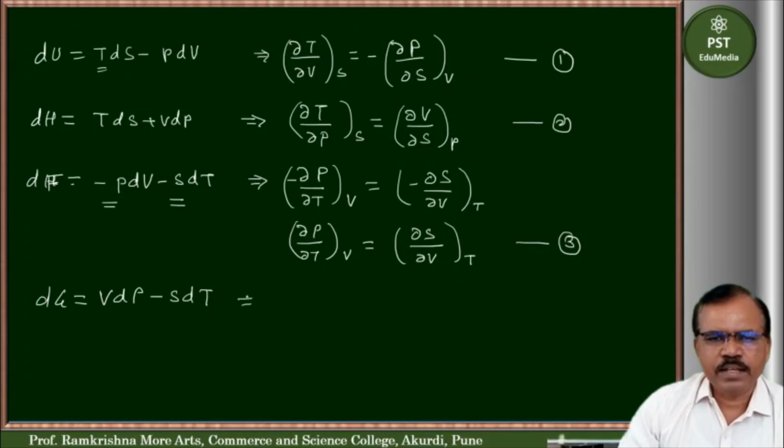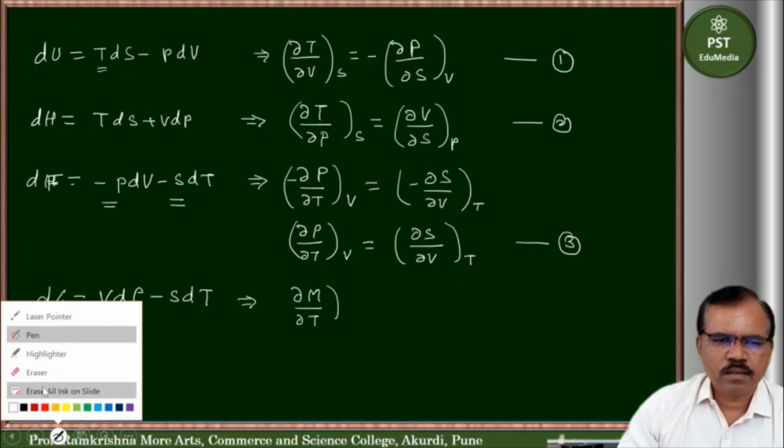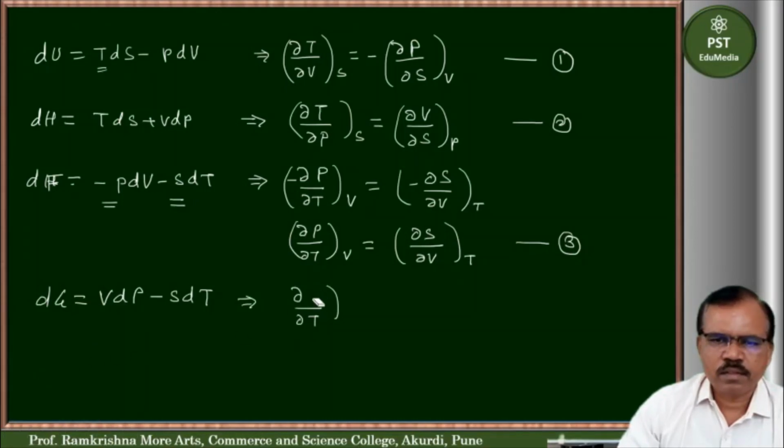Now if we take M is v, so ∂v/∂T, keeping p constant, is equal to minus ∂s/∂p, keeping T constant.